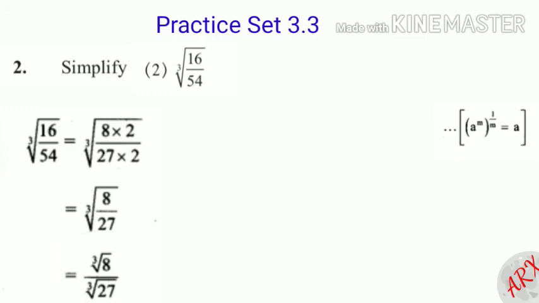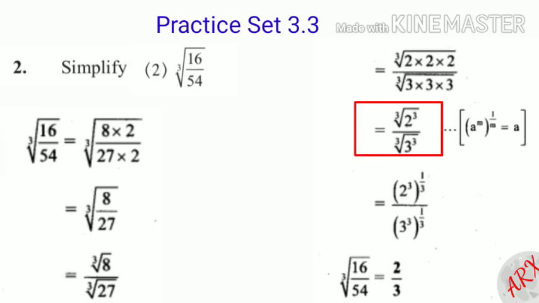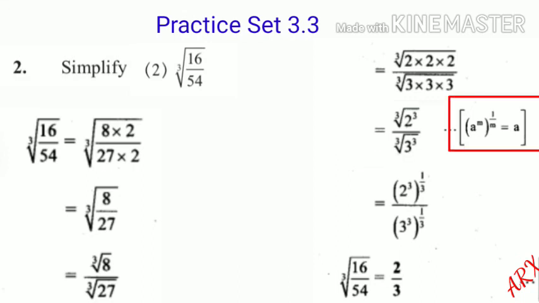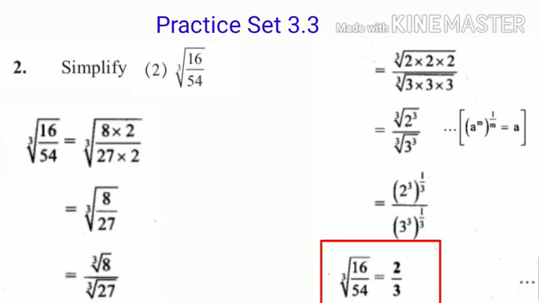We will get cube root of 2 into 2 into 2 upon cube root of 3 into 3 into 3. So it will be cube root of 2 cube upon cube root of 3 cube. Now we will rearrange the equation by the law of indices, which you can see on the screen. So we will get 2 cube raised to 1 upon 3 upon 3 cube raised to 1 upon 3. So 3 will get cancelled and we will get 2 upon 3.